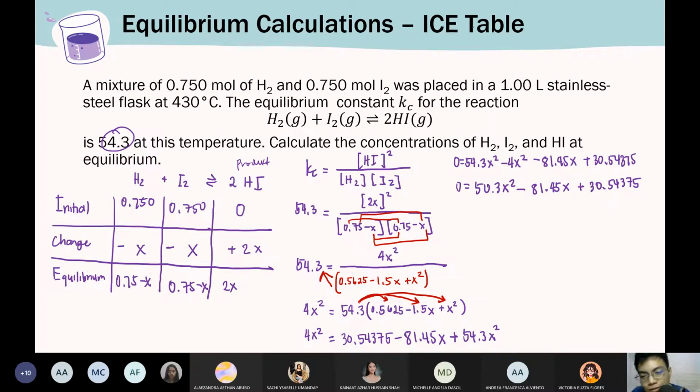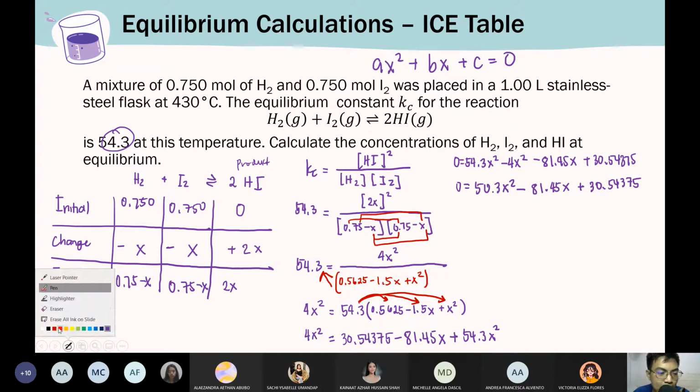So, I want you to always arrange the equation wherein the highest exponent will go first and then the lowest exponent will go last. Okay? So, I want you to pattern your solutions always to this, no? So, ganyan, ax squared plus bx plus c equals 0. So, highest exponent pababa, no? Kasi yun yung proper way of writing equations.